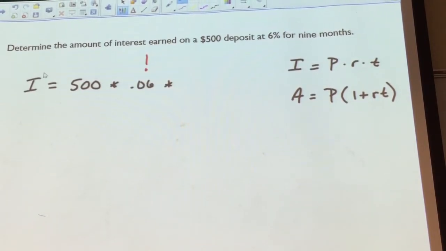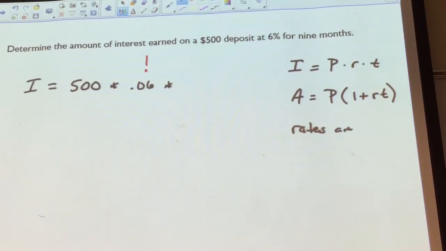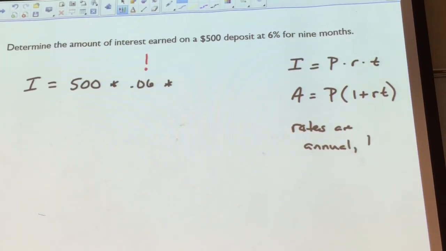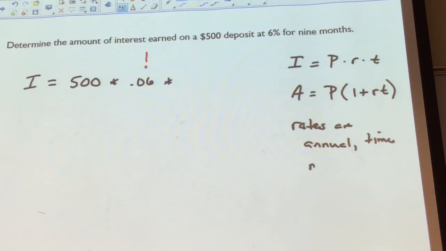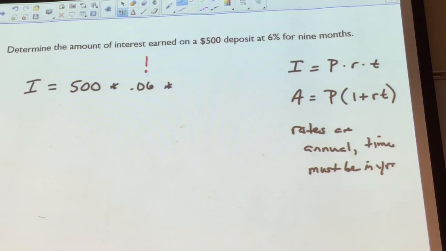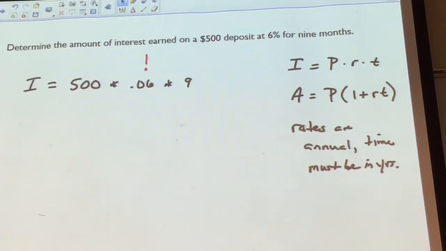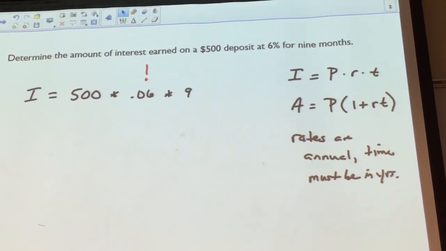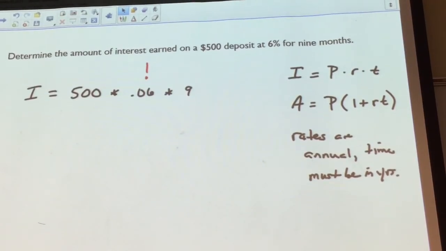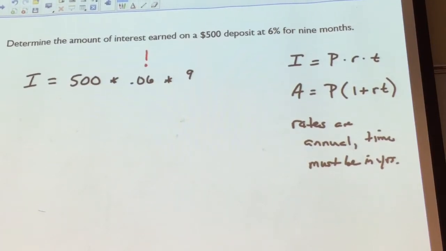But since interest rates are annual, then time must be in years. So in this case, seeing just a multiplication by 9 would be a problem, because that would be saying that you're doing 9 years, and that would cost you at least 50% of the point value of the problem because you didn't adjust appropriately.